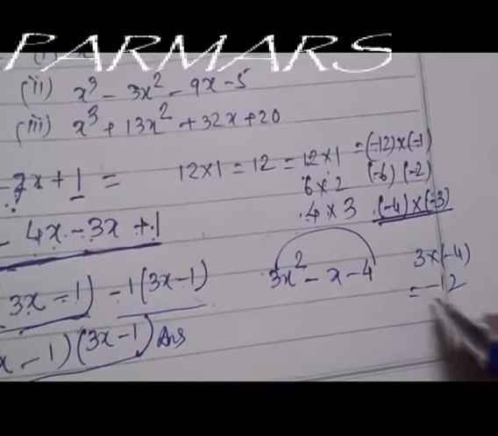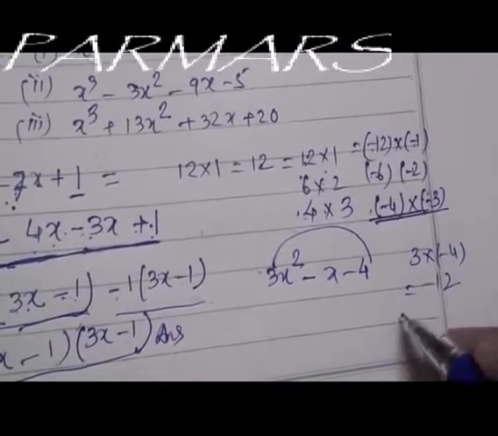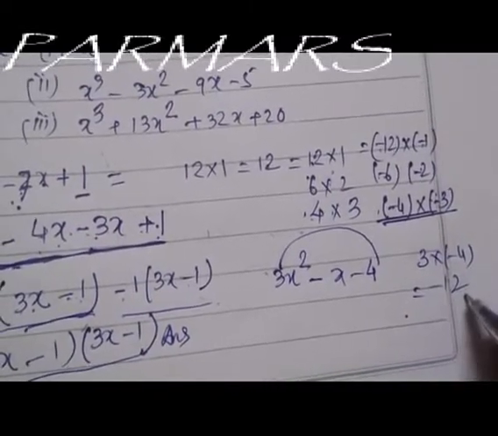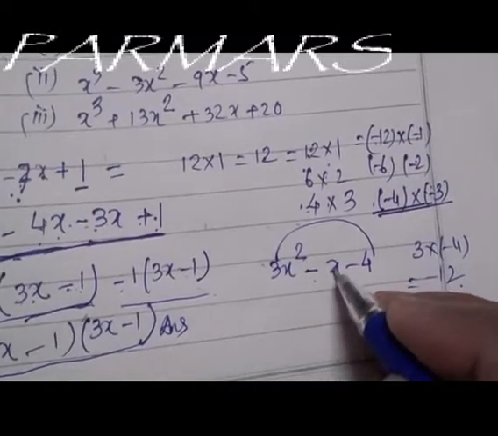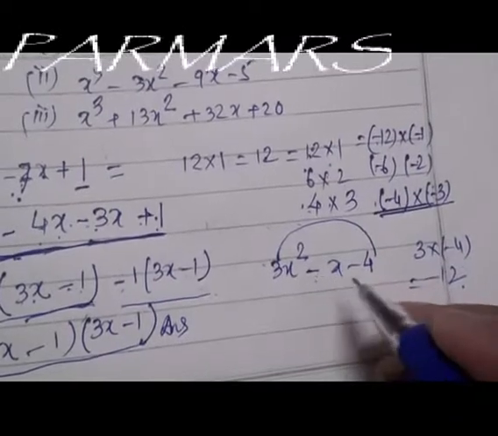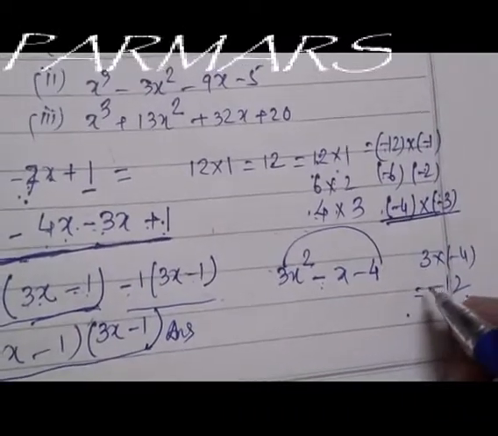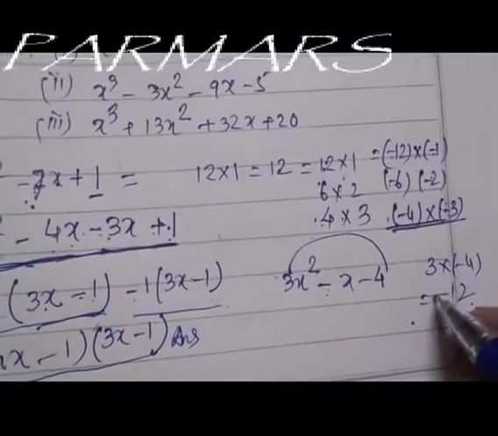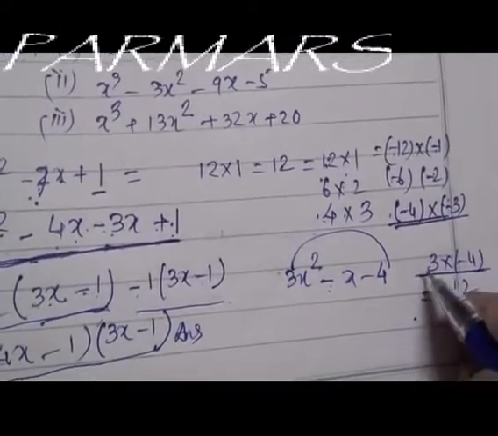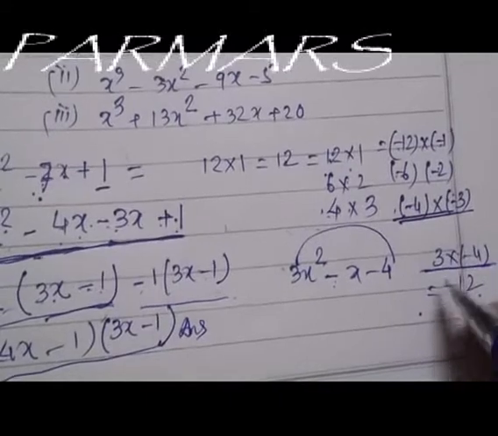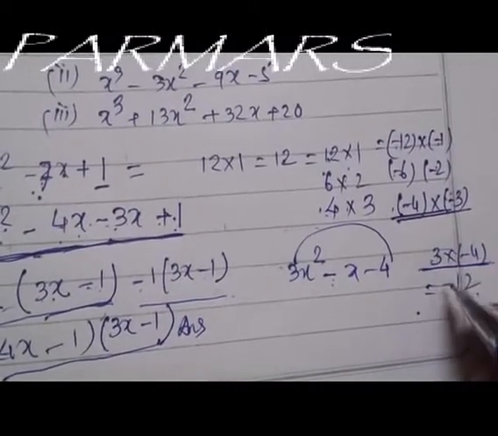Since the product is minus 12, one factor is positive and another factor is negative. And their sum must be minus 1, the coefficient of x here is minus 1. So their sum must be minus 1. Here I can see directly, minus 4 plus 3 will get minus 1 and minus 4 into 3 is minus 12.